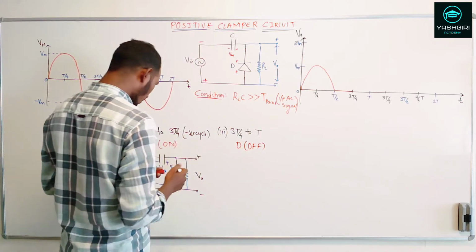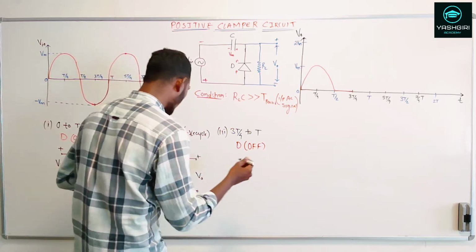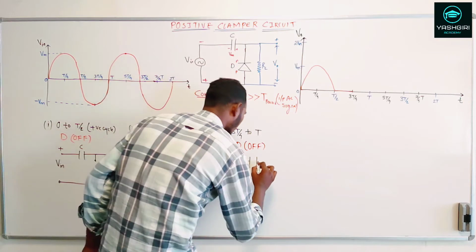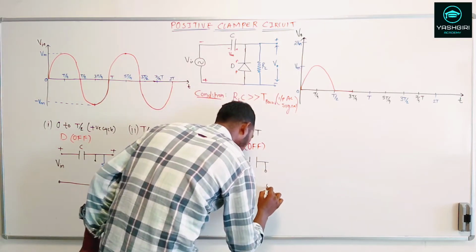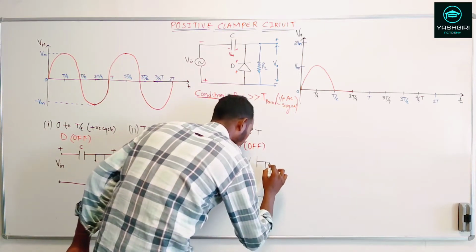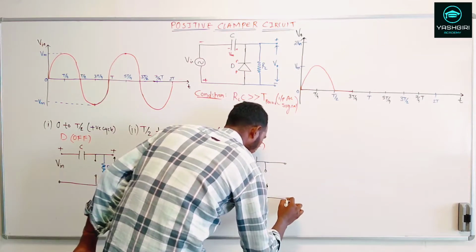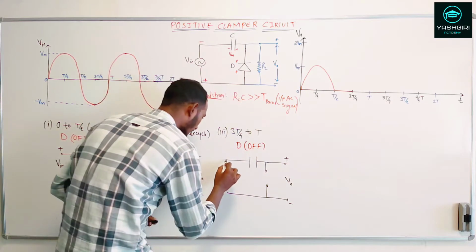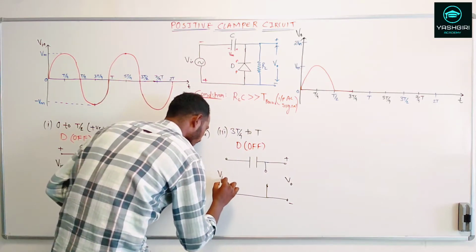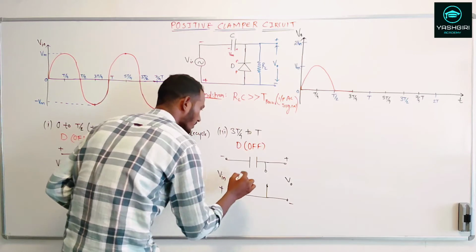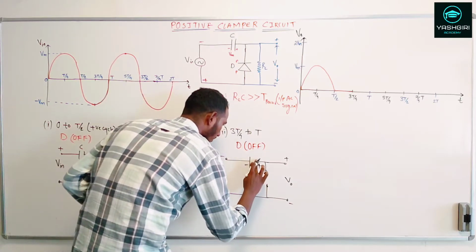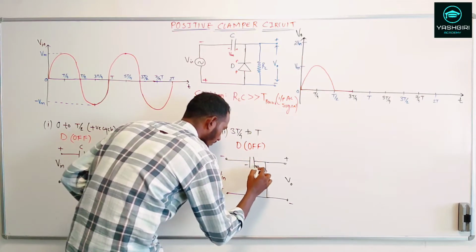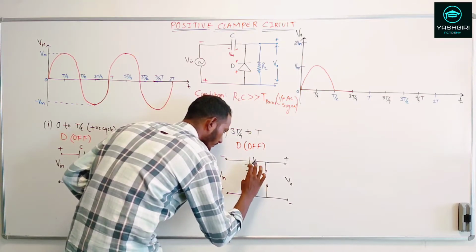So when it's in the off mode, what you will find is the equivalent circuit. So this is the capacitor, and this is the off circuit, and you are measuring the V out across this plus and minus. So this is the V out, and here this is my V in. So this is negative and positive, and the capacitor is having negative Vm.